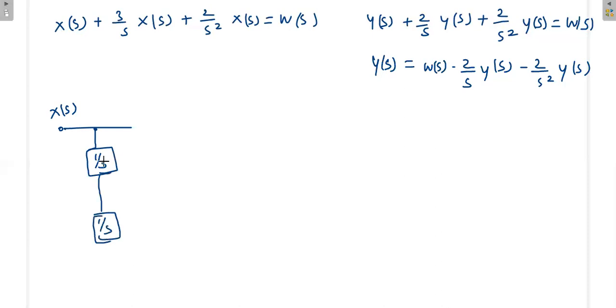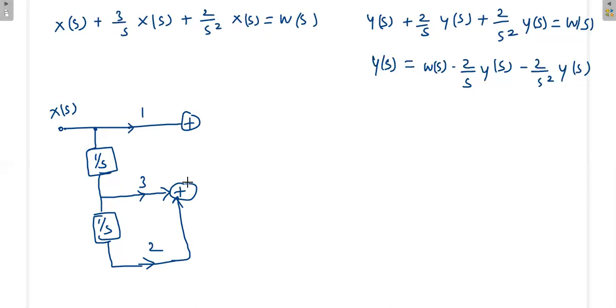But with this 1/s we have to introduce 3, so this branch with the gain 3. This is summation. Again the second one with the gain 2, and it goes now here. Then this X(s) directly coming with the gain 1. Again, one more summation here, and it produces W(s).